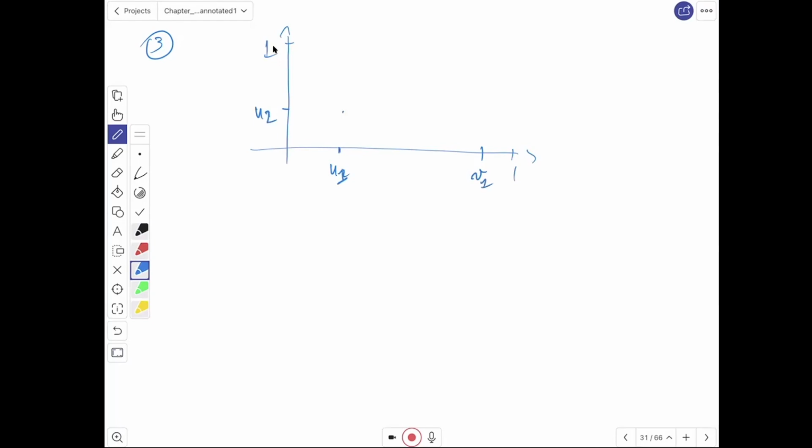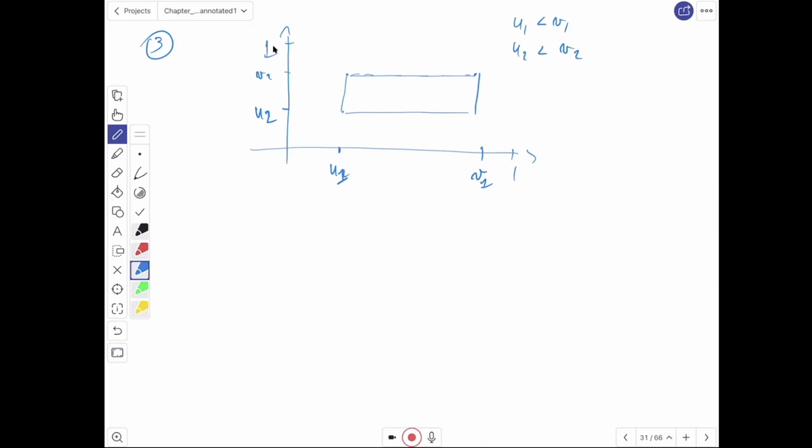I take V1, and here I take V2, okay? And I'm looking into this box. And assume that U1 is smaller than V1, U2 is smaller than V2.